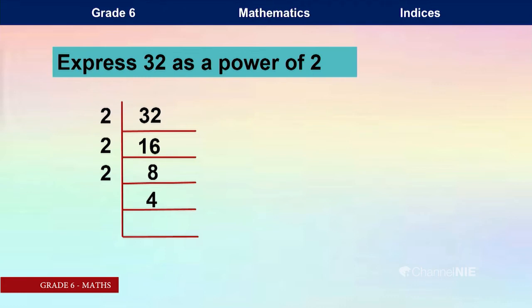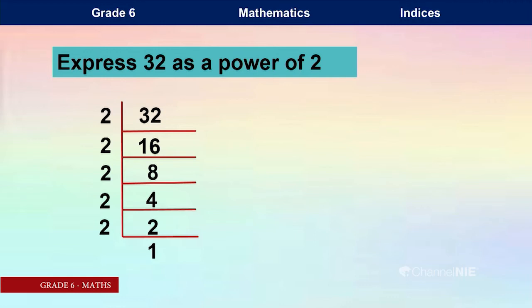You have to divide these numbers again and again by 2 until 1 comes. Then after dividing 4 by 2, the answer is 2. 2 again you have to divide by 2. Okay, we have come to 1 because 2 divided by 2 is 1.